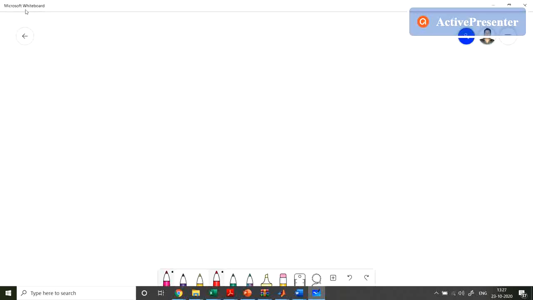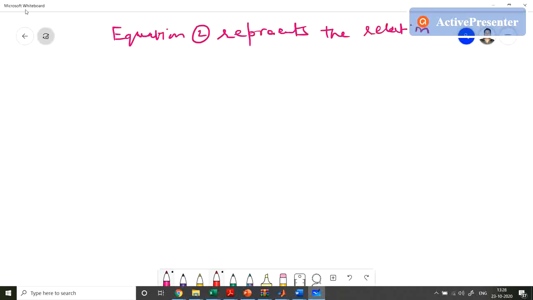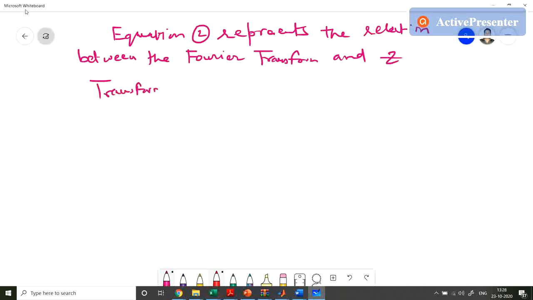So if we analyze the above equation carefully, equation 2 represents the relation between the Fourier transform and the Z transform.